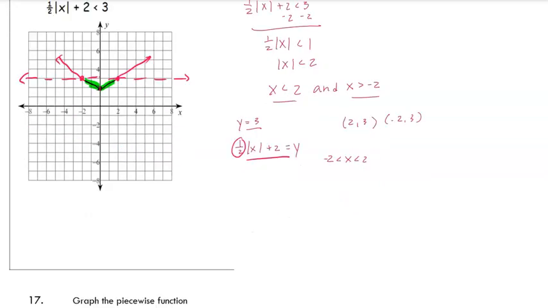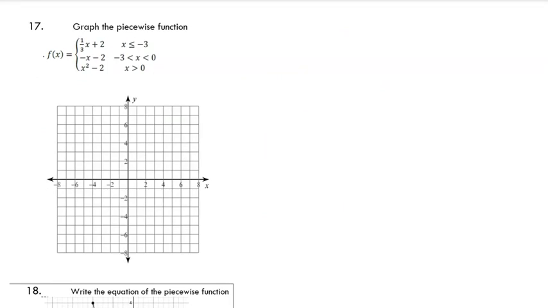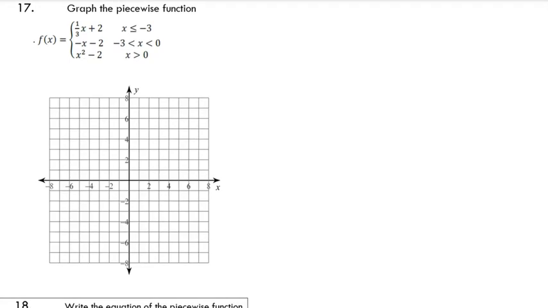Good job. Let's go. Piecewise functions. Okay, so let's go ahead and graph it. So if it's less than 3, I'm going to pick some points that are less than 3, it's going to be a linear function. Let's actually use 3. So let x equal negative 3.